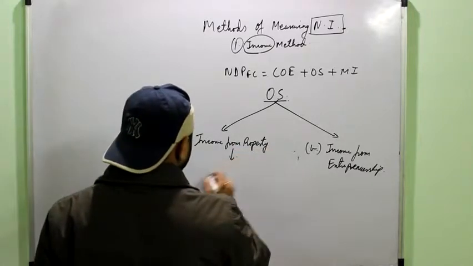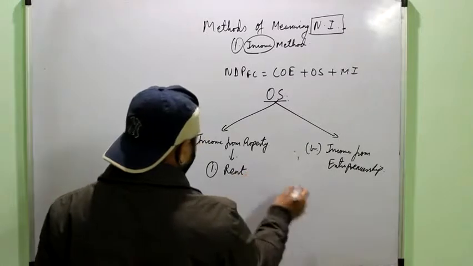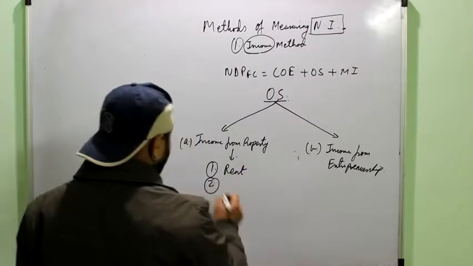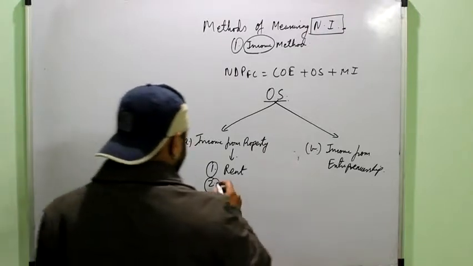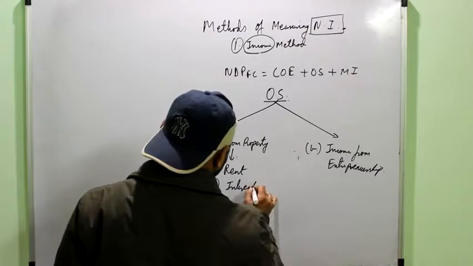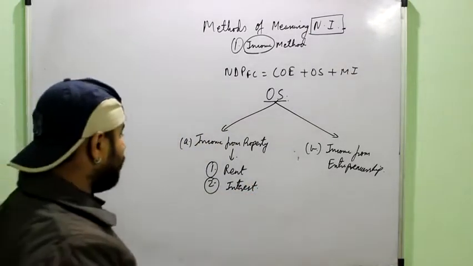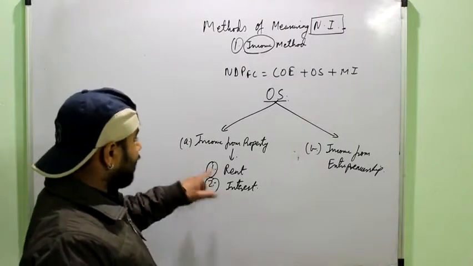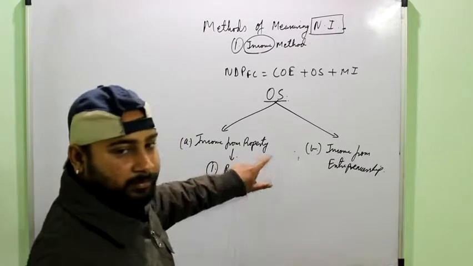Under income from property, first of all we have the rent, which is generated from the land. If you have given your land to a firm, then you can generate rent from it. Second is interest. Interest is if you have given your money or your capital to a firm. Actually, your capital or your money is also your property. That's why it is under the head of income from property.